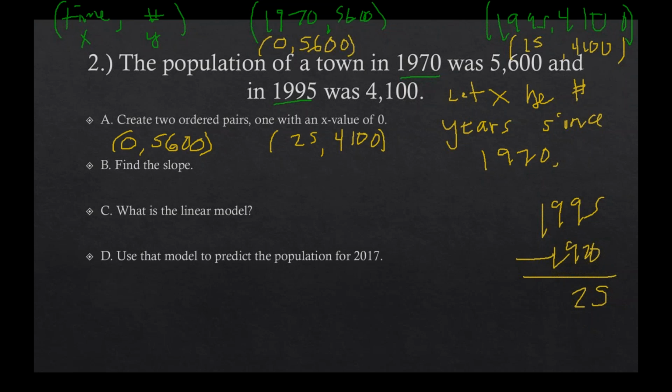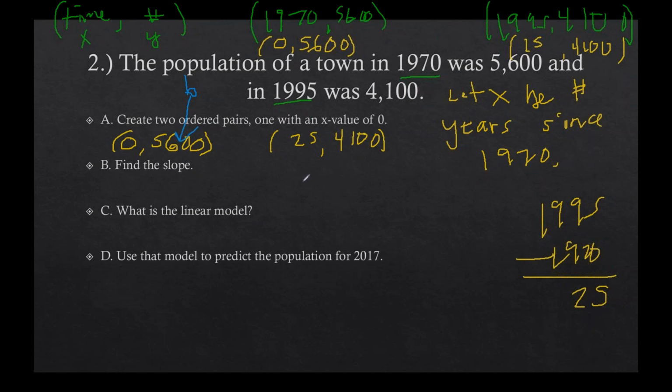Well, you have an x value of 0, right? So this value here is your y-intercept. My y-intercept is 5600 because x has a value of 0. That was the sole purpose of changing those ordered pairs so that I have a y-intercept.